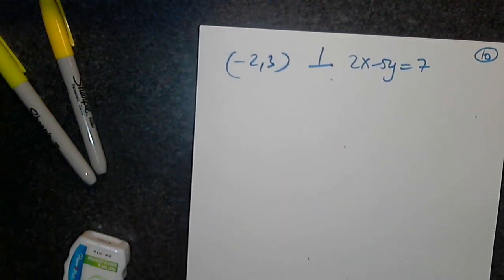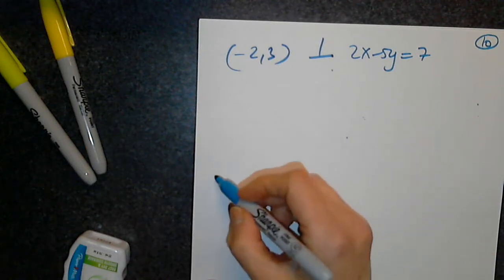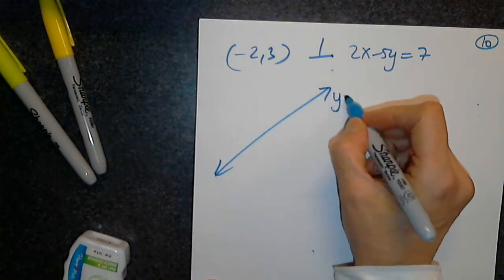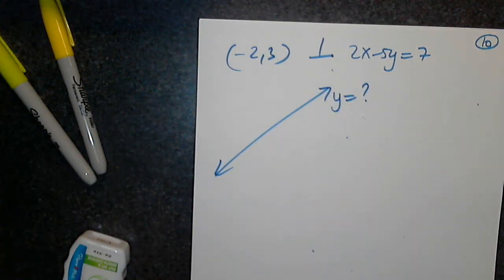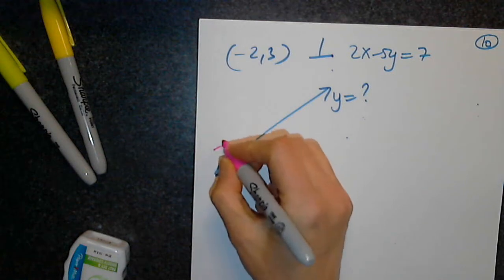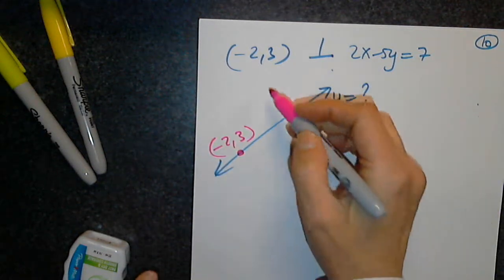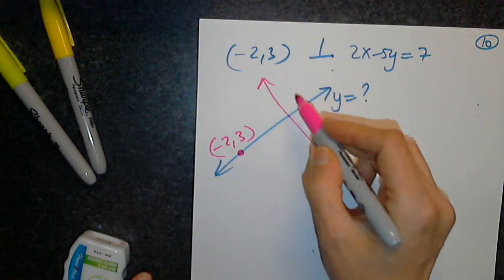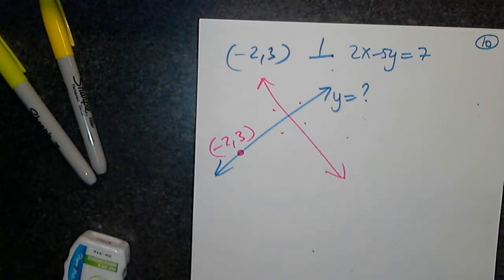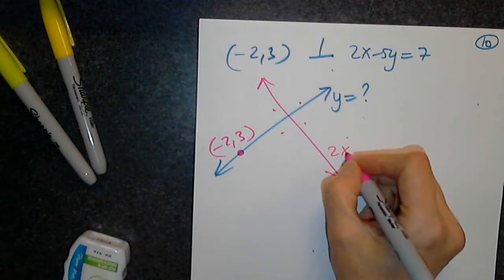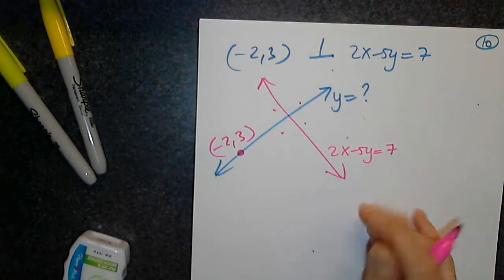So here's the idea. This is the line that I do not have, the equation that I'm looking for. And I know 2 pieces of information. I know that it goes through this point, and I also know that it's perpendicular, 90-degree angles, to 2x minus 5y equals 7.